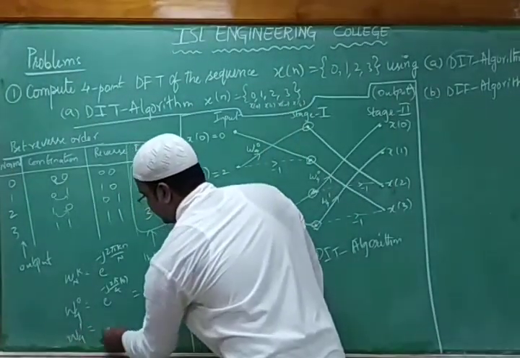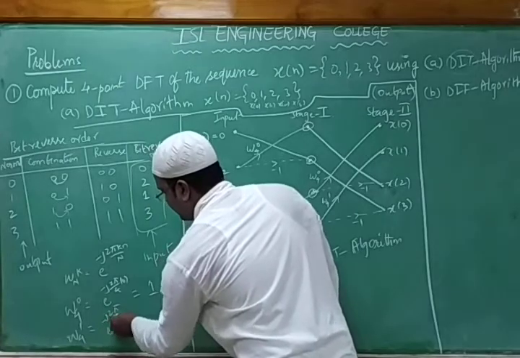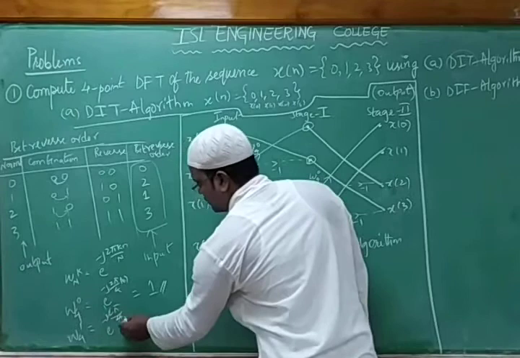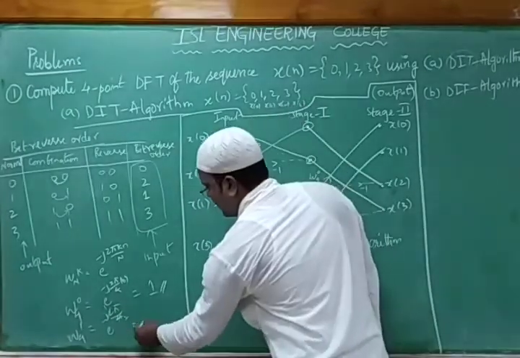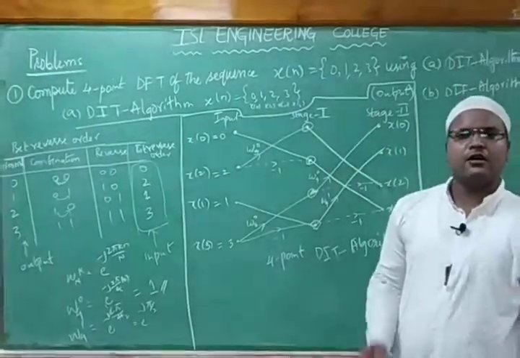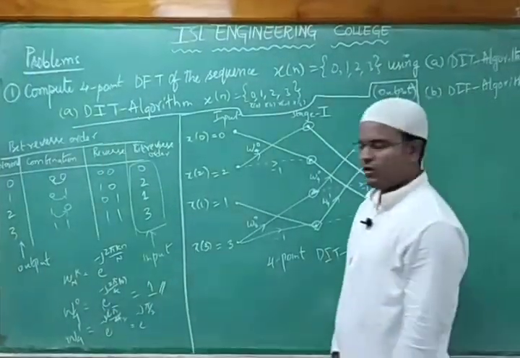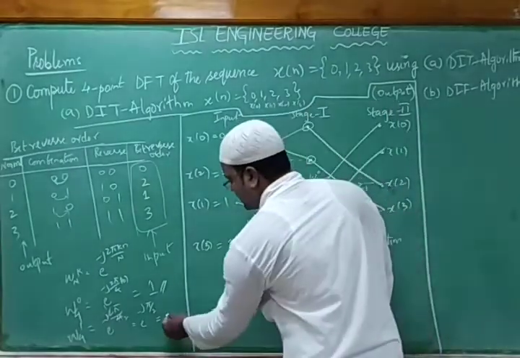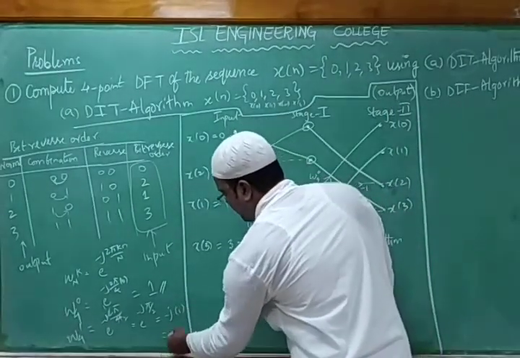W4 of 1 is nothing but e power minus j 2 pi by 4. In place of kn we should write 1. So we got e power minus j pi by 2. What is e power minus j theta? Cos theta minus j sin theta. So cos pi by 2 is 0, minus j sin pi by 2 is 1. So I got minus j.